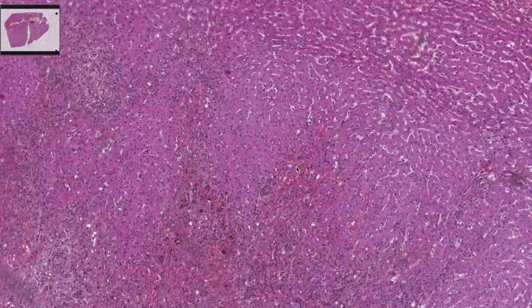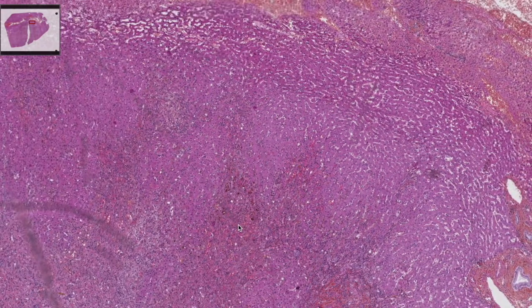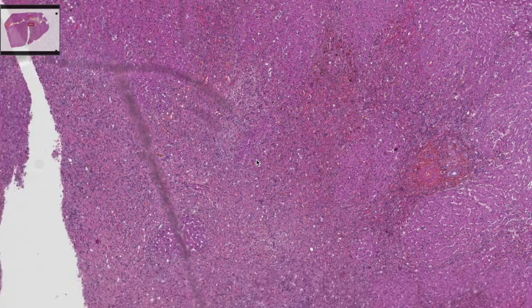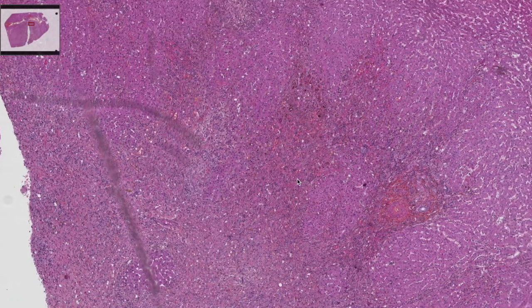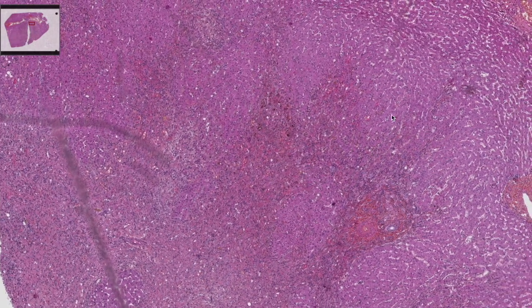So we have a lesion with some fibrosis at the center, some cells that have an epithelioid appearance, and some cells with an intracytoplasmic vacuole and a red blood cell, so some signs of vascular differentiation. And we have an infiltrative pattern at the border, with neoplastic cells in the lumen of sinusoids.